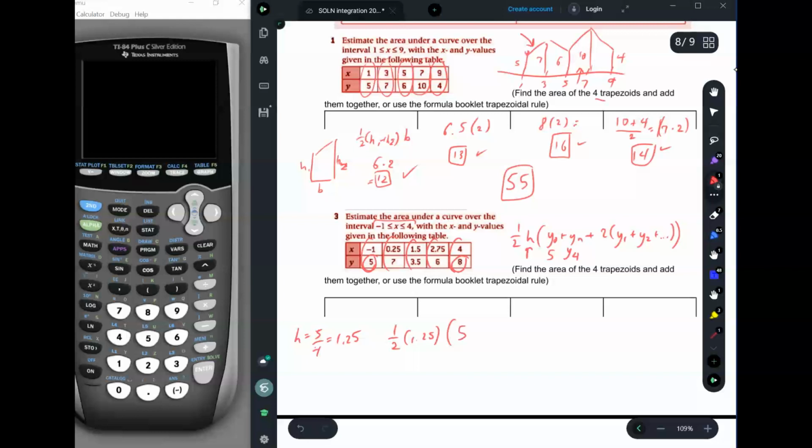So 5 plus 8, the outside 2 heights, and then I'm going to multiply by 2 the inside heights, sorry, 7, 3.5, and 6. I have 3 of those, right? Okay, and I think I'm done.